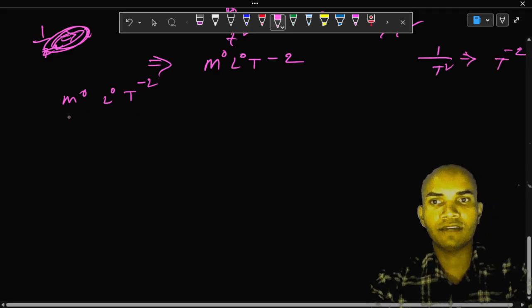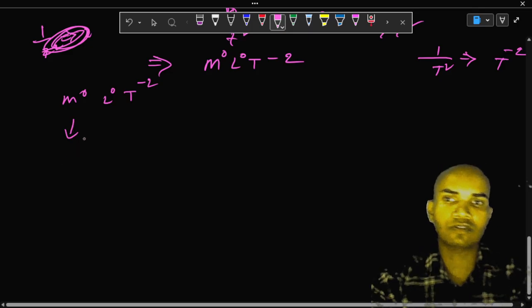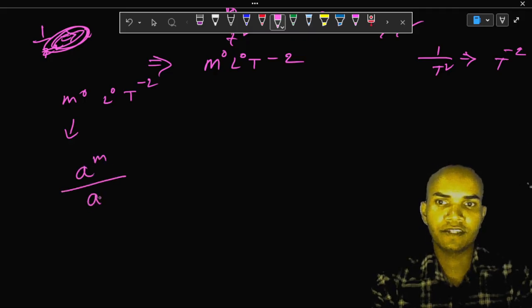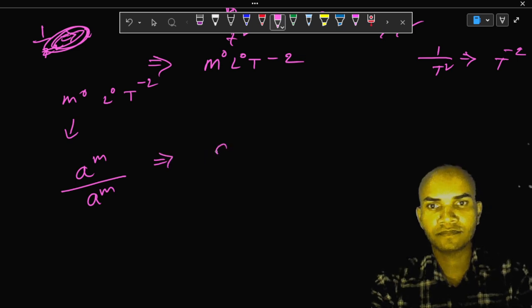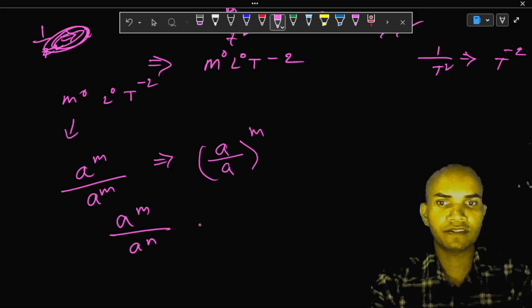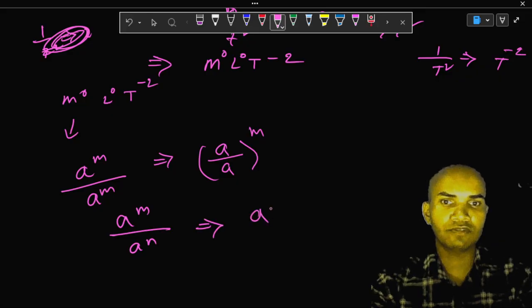So here M^0 is coming from the law of indices. The law says that a to the power m divided by a to the power n is equal to a to the power m minus n.